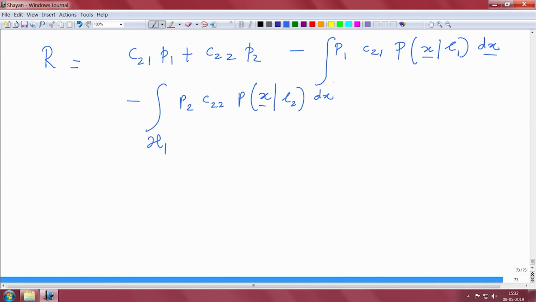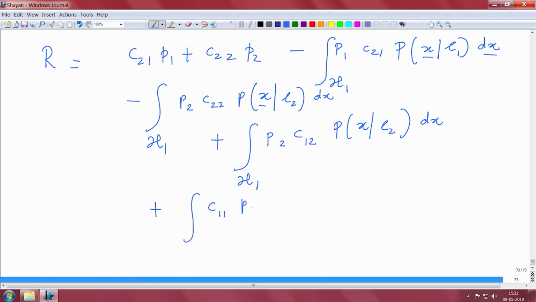I think this has to be written carefully, and we have the rest of the other quantities, which is the integral P2 C12 P of x given C2 dx over H1, plus the integral C11 P1, the conditional density P of x given C1 dx over the space H1, because all those in space H2 I want to convert into H1. So, that is the reason why I simplified it this way.